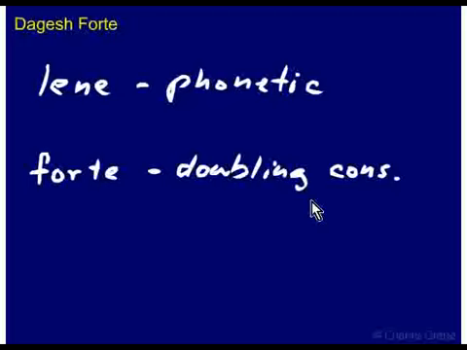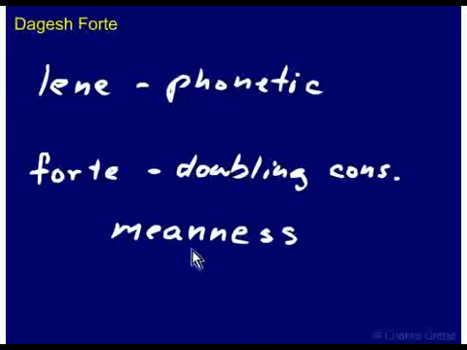Now, when you have a doubling of a consonant, sometimes it means that you pronounce it in a stronger way. It doesn't necessarily mean that you say it twice. An example in English is the word meanness. This is a double N, right? You have a word mean, and then the ending ness.